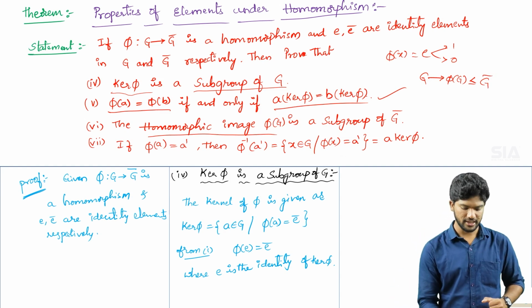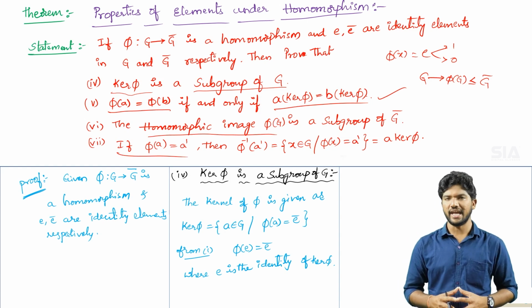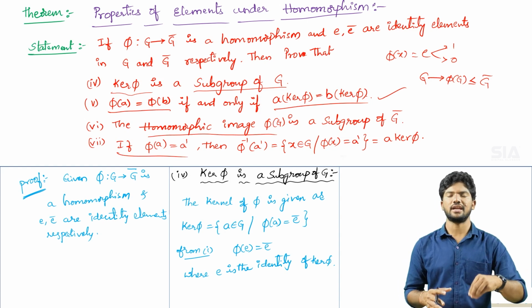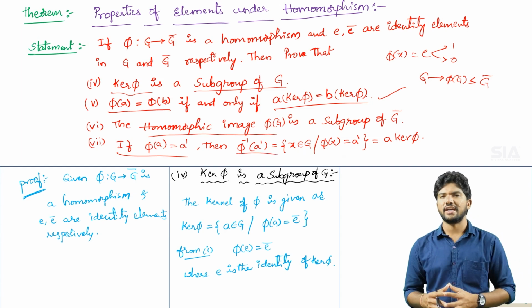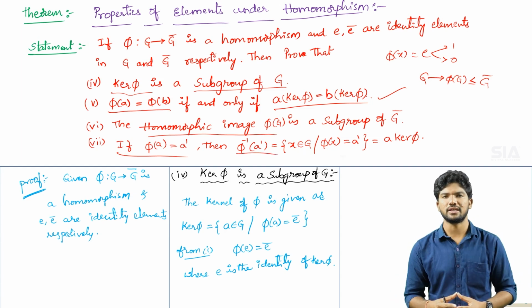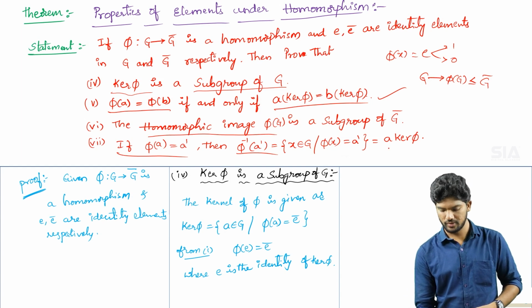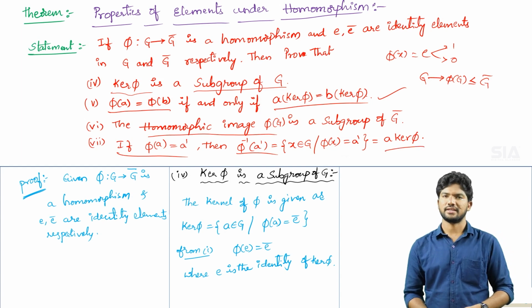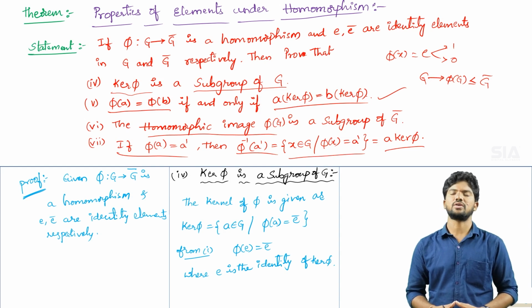Next, the seventh condition is: if phi of a is equal to a dash, the homomorphic image of an element is equal to a dash, then phi inverse of a dash, the inverse image of a dash, is equal to a into kernel phi. That set is defined as x belongs to capital G, phi of x is equal to a dash.